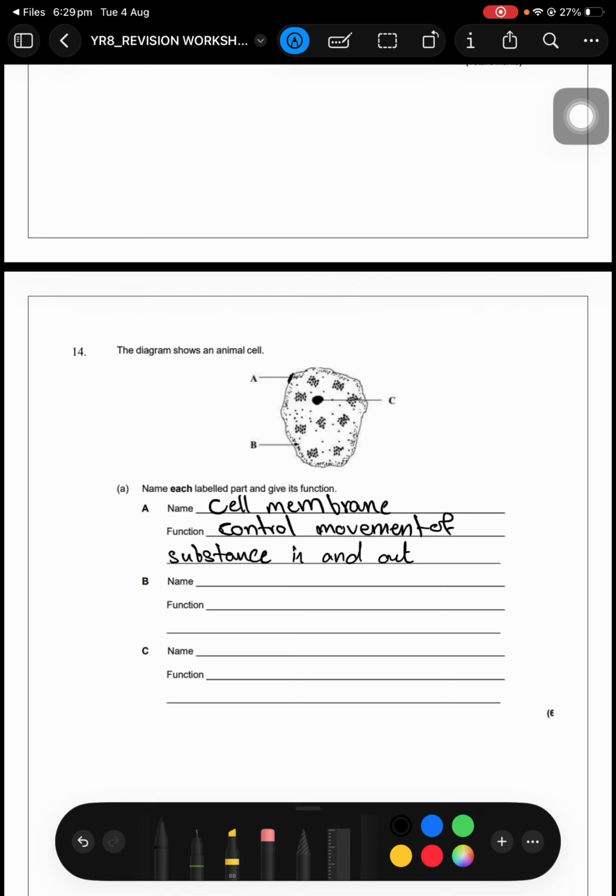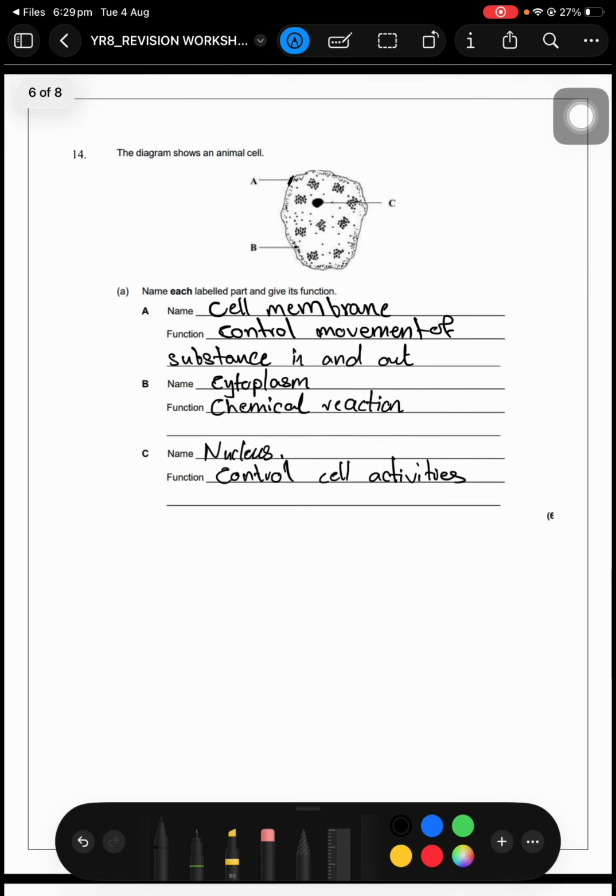And the second one is cytoplasm. So we can write chemical reactions. And C is the nucleus, which controls the cell's activities and contains genetic material. I'll just write controls cell activities.